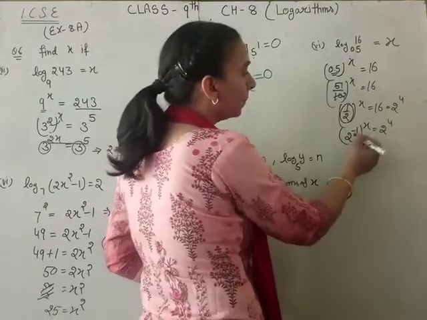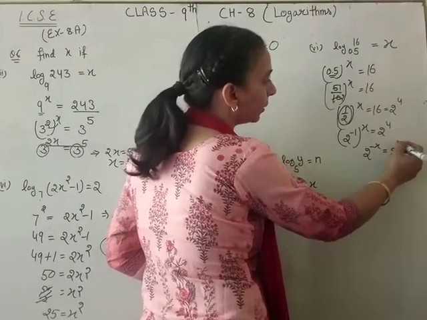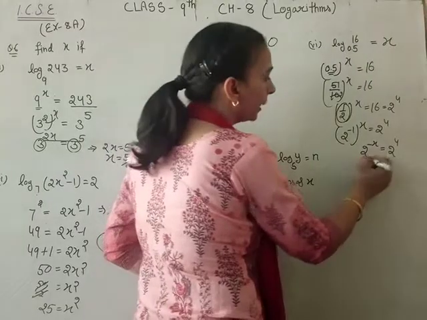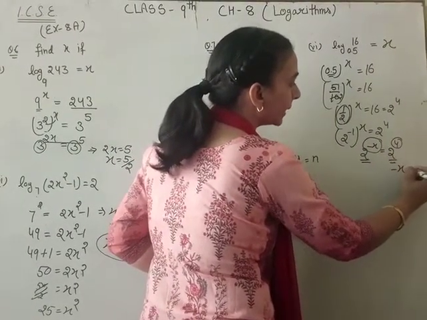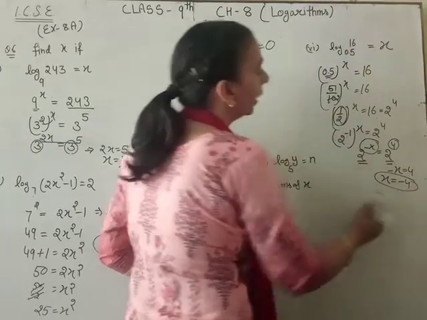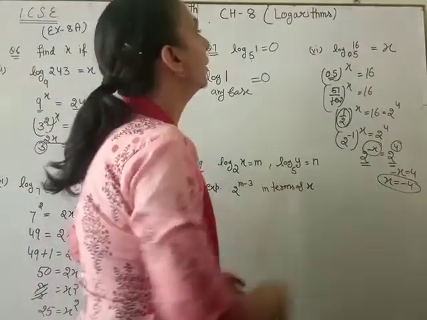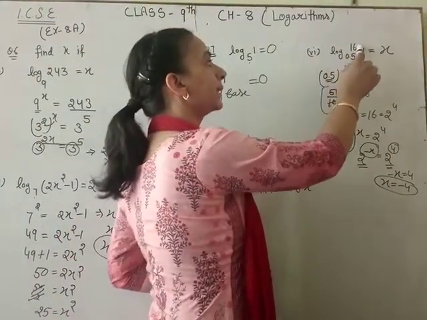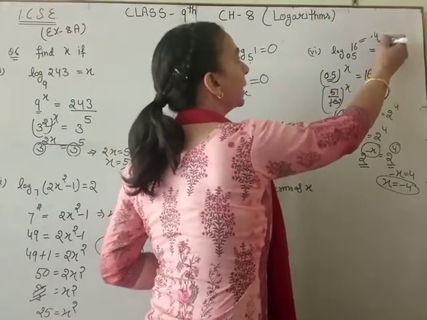Power to power, so 2 raised to the power minus x equal to 2 raised to the power 4. Student, if bases are the same, then powers are also the same. Minus x equal to 4, then the value of x equal to minus 4. That means the value of log 16 at the base 0.5 equal to minus 4.